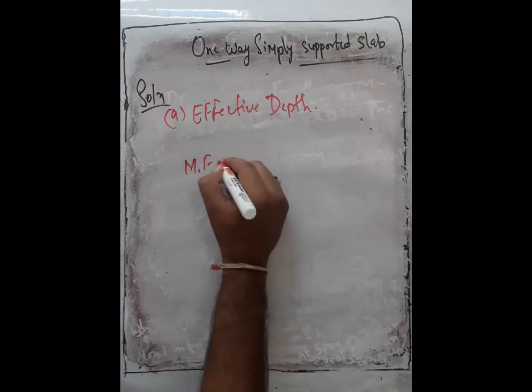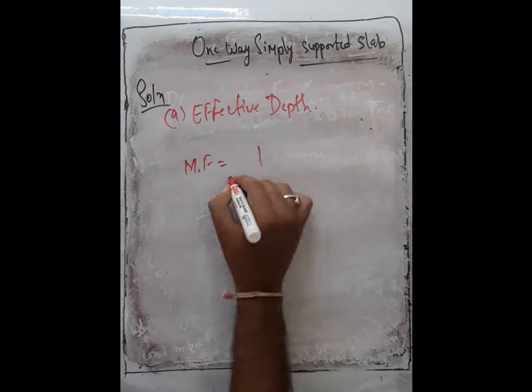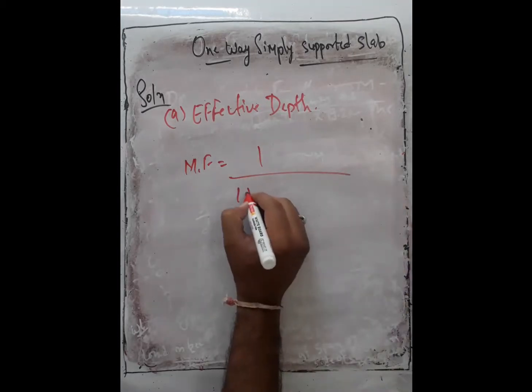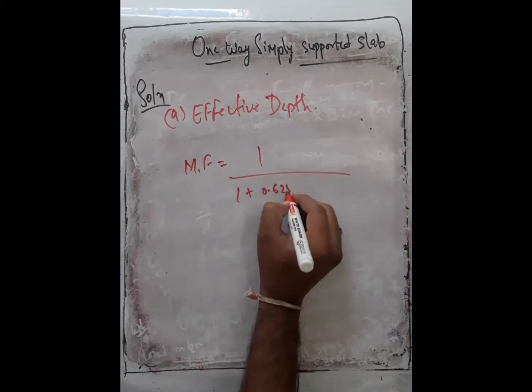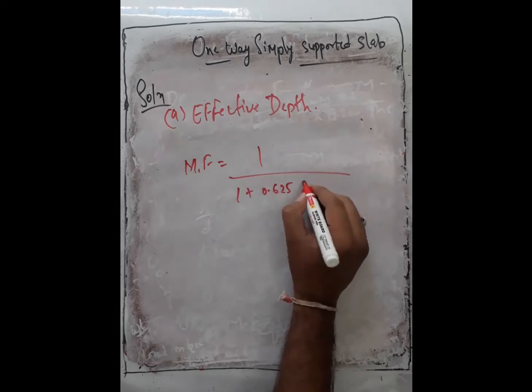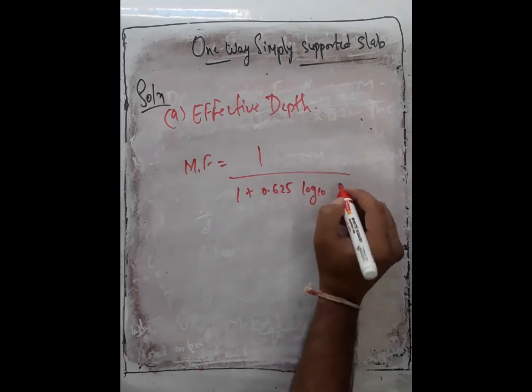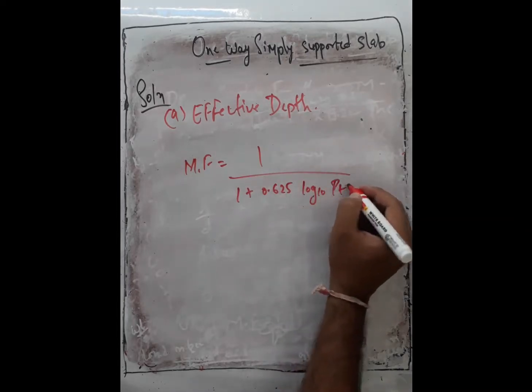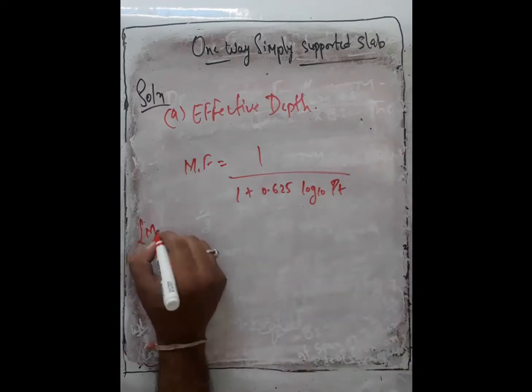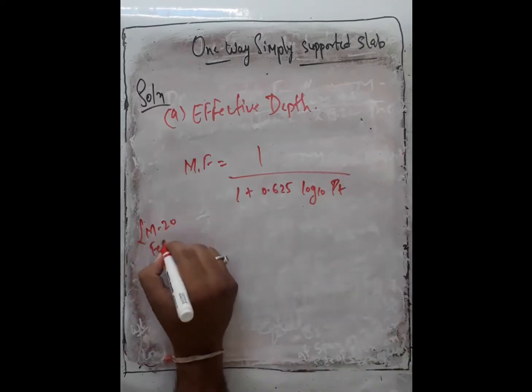Here our modification factor is 1.15, but if you are not getting the value with the help of this figure, you can use this formula. For the modification factor we have one formula: 1 divided by 1 plus 0.625 log10 pt, and this formula is for M20 and Fe415.